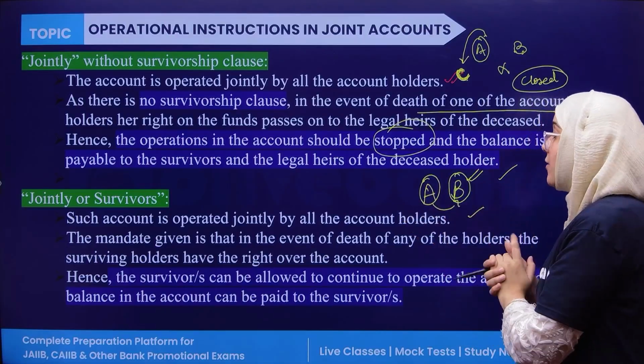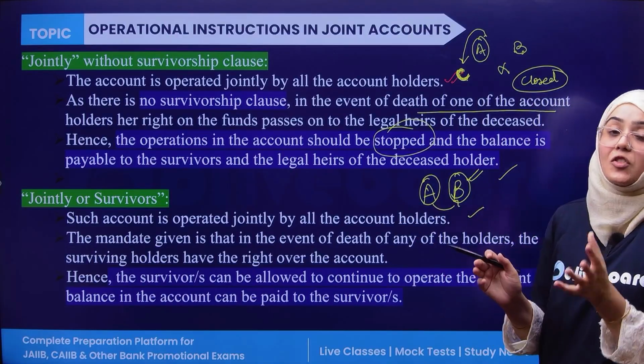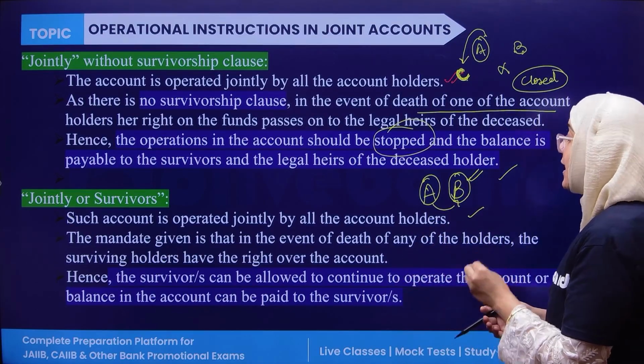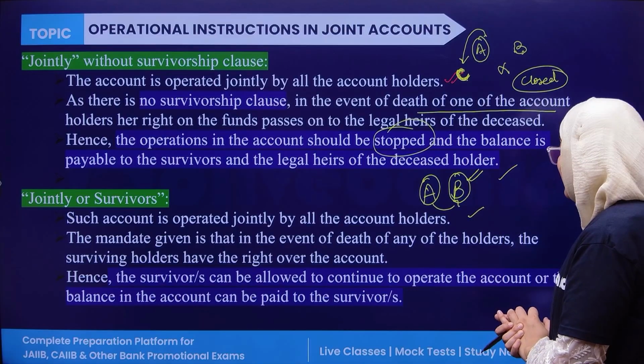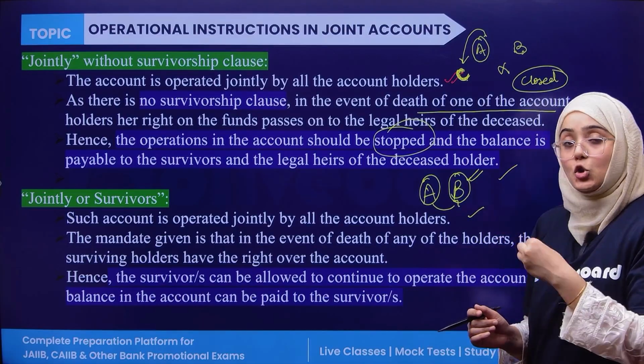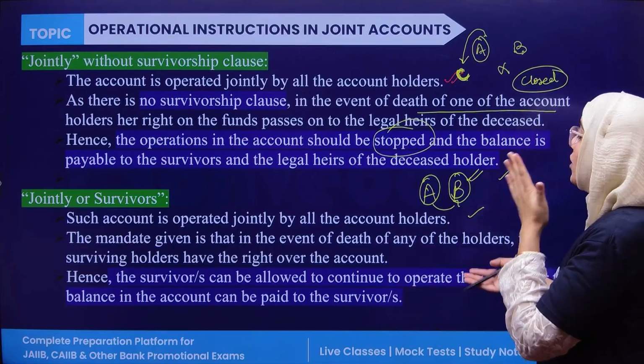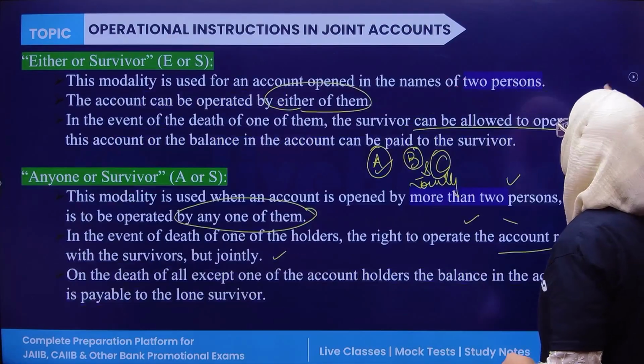If there is jointly or survivor, it means that the account is operated jointly by all the account holders. If there is a death of any one partner, then obviously the right to operate the account is transferred to the other holder and the amount is also transferred to the other survivor.